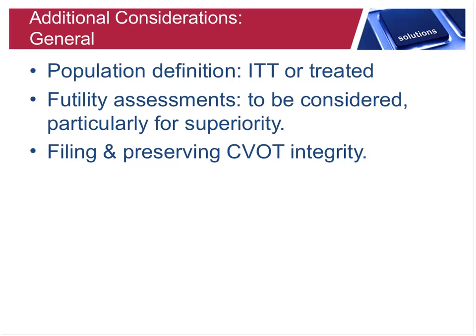With non-inferiority trials, regulatory agencies usually require patients as treated, and the reason for that is that with the ITT population there is a tendency of efficacy or results going towards zero, and when you have a superiority trial, that makes it more conservative. However, with non-inferiority trials, analysis on the ITT population may be less conservative. So in all likelihood, the FDA is going to require you to run analysis on both ITT and as treated.